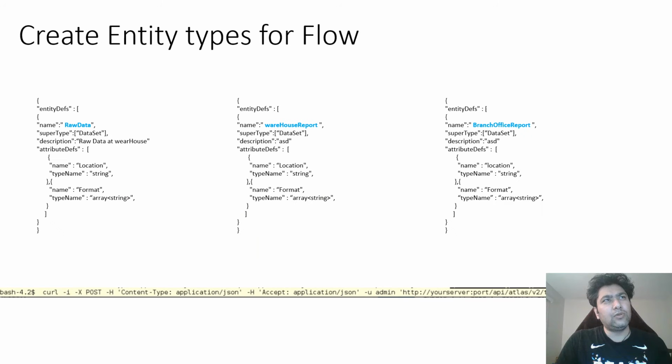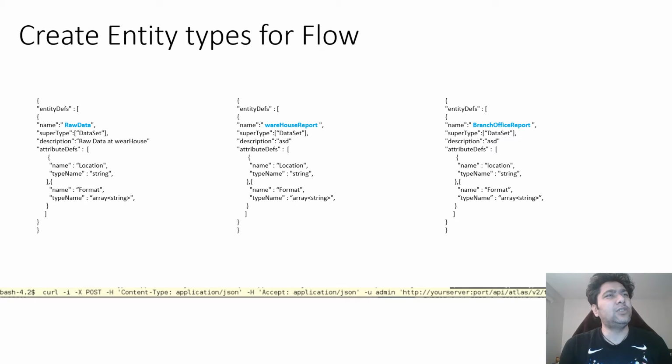Now going further, how can we exactly do this? To map this pipeline into real Atlas, we have many ways, and I'm just taking one of the easiest examples. We can create an entity corresponding to each of the data that was created. As you saw in the previous slide, there are three types: raw data, warehouse report, and branch office report. I have created three entities, and you can create three separate files for each of them.